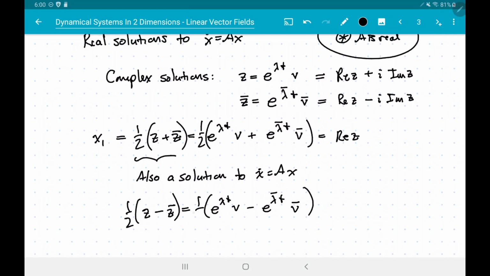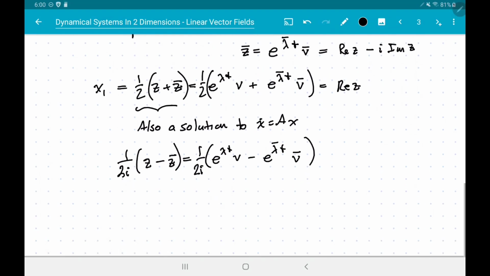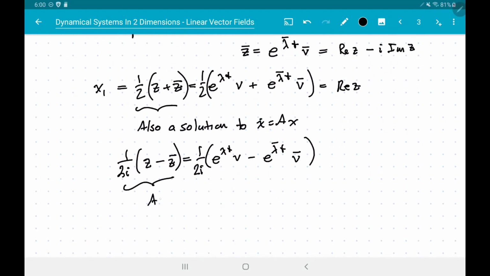And actually, to make it real, I need to divide by 2i. Sorry about that. Let me make it 1 over 2i. So this is also a solution to x dot equals Ax. This is the imaginary part of that complex solution z, and I'm going to call that x2. Okay, so at least in theory, we're good.